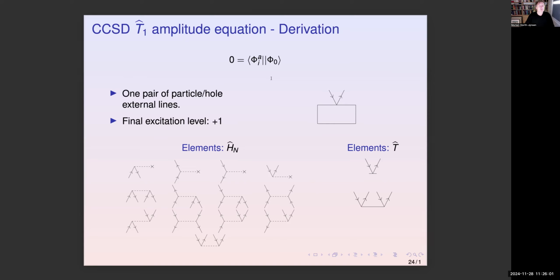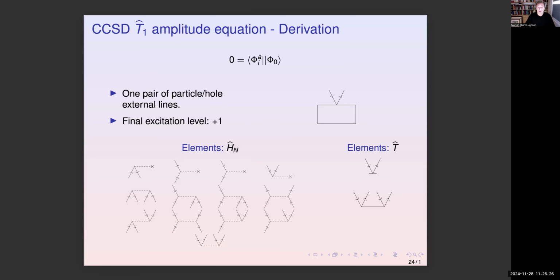So this depends very much on the type of commutator which we are looking at. So we are going to end with a one particle, one hole state. So that means that we have this box here, and this is what we end up with. So in between here, we get something, and then we are going to end with a one particle, one hole state. So that means that the final excitation level has to be +1.